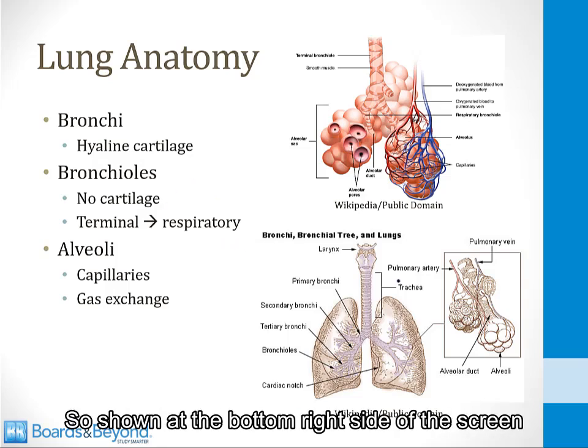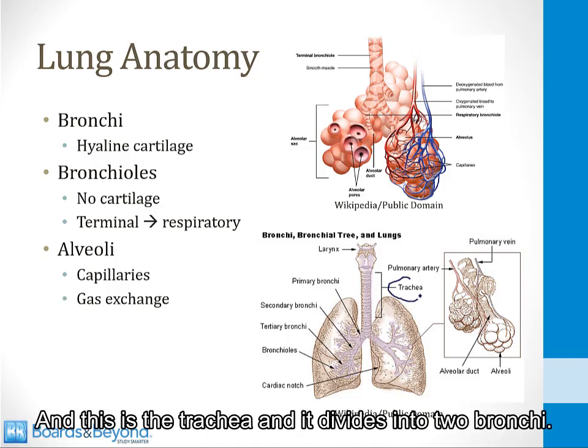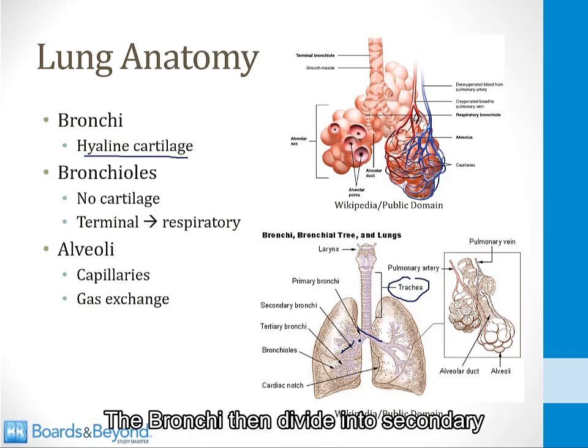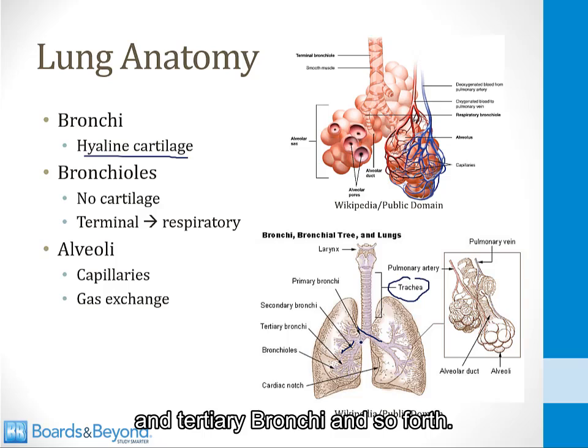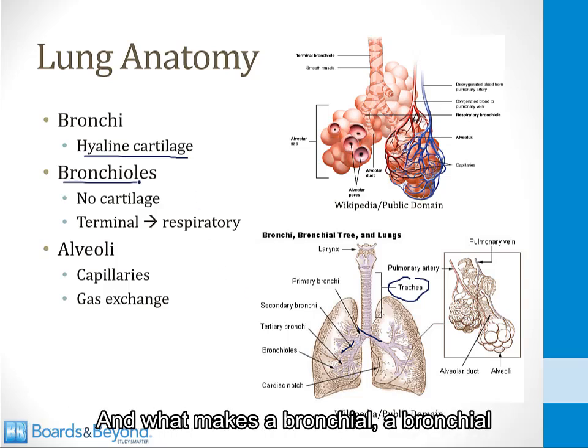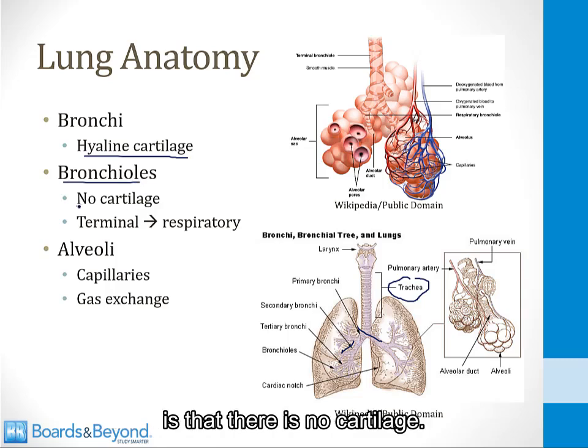So shown at the bottom right side of the screen is a drawing of the lungs, and this is the trachea, and it divides into 2 bronchi. And what makes a bronchi is the presence of hyaline cartilage. The bronchi then divide into secondary and tertiary bronchi and so forth, and eventually they form structures called bronchioles. And what makes a bronchiole is that there is no cartilage.